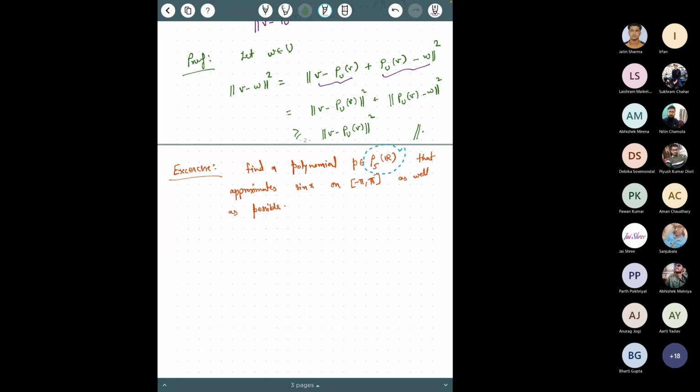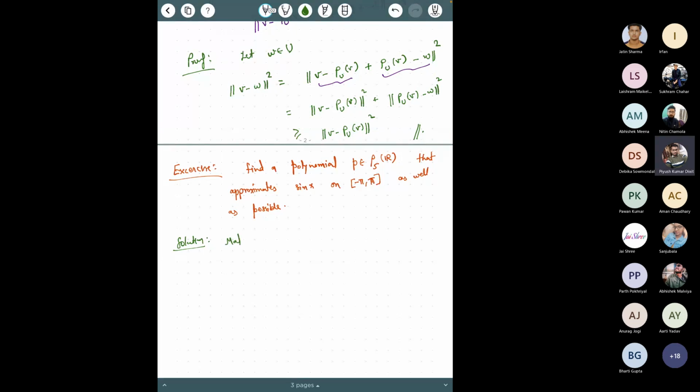The vector space of all continuous functions on, say, minus pi to pi, with inner product of f(x), g(x) equal to the integral of f(t) g(t) bar dt.